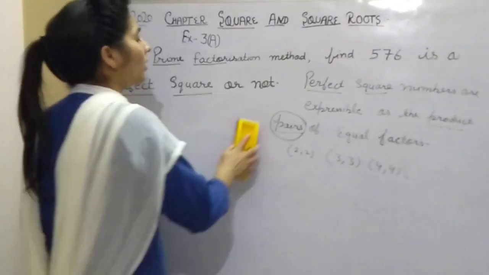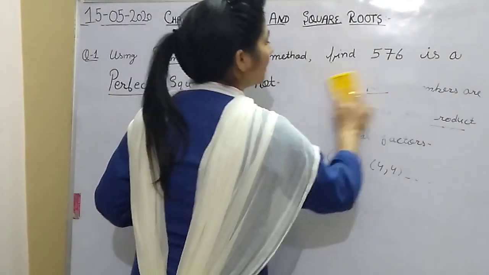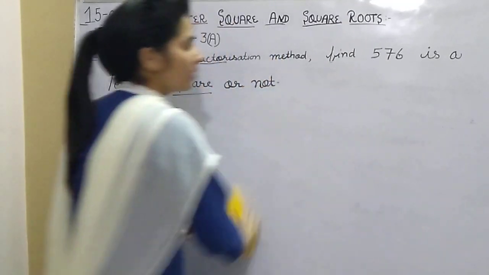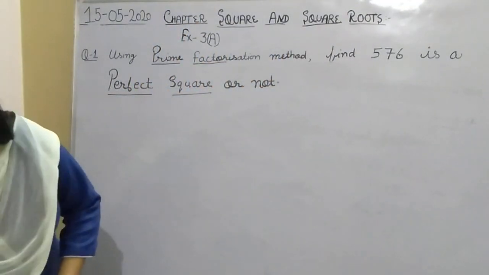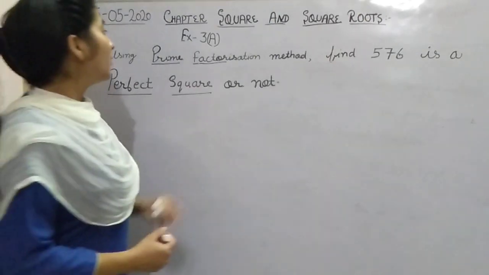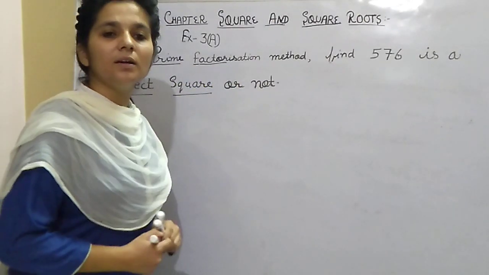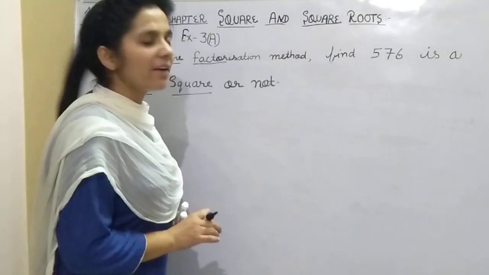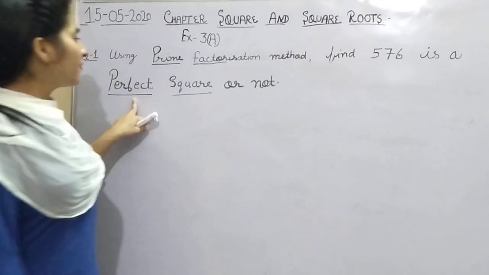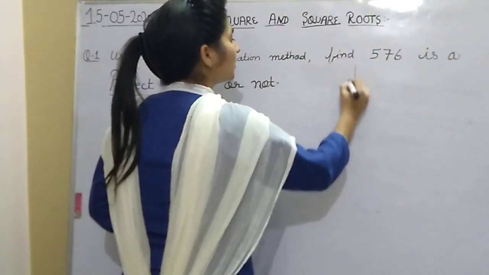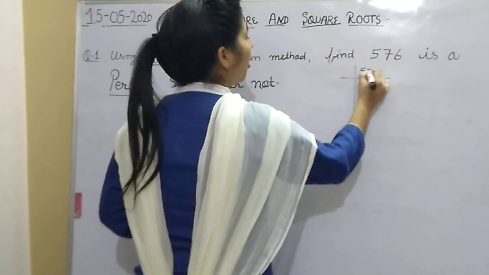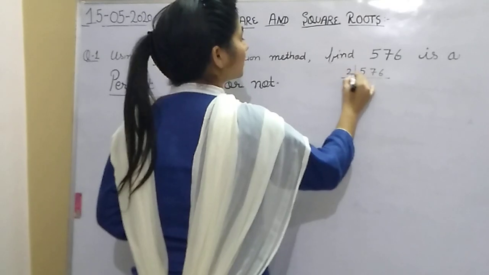So coming to our question: by using the prime factorization method, find whether 576 is a perfect square or not. Firstly, we will take the prime factorization of 576.